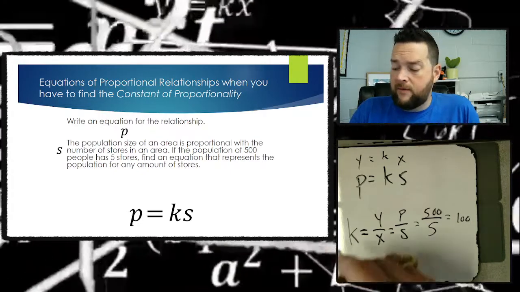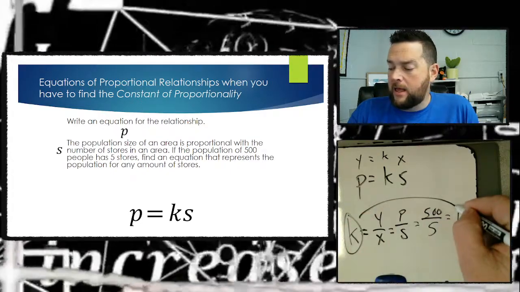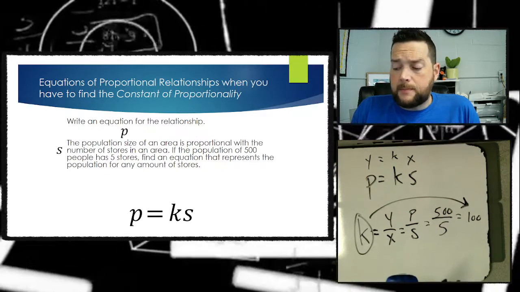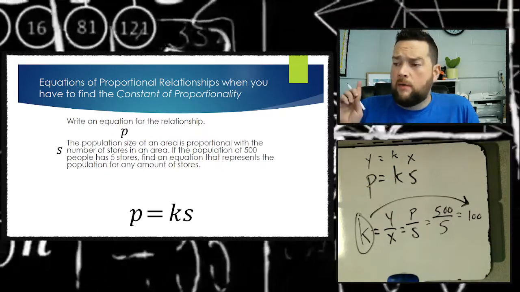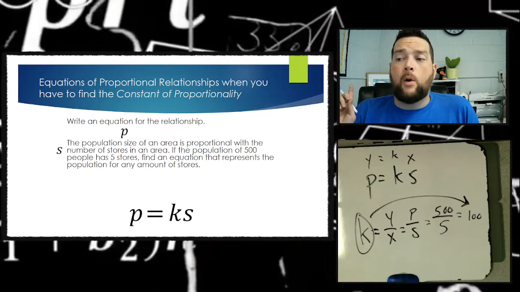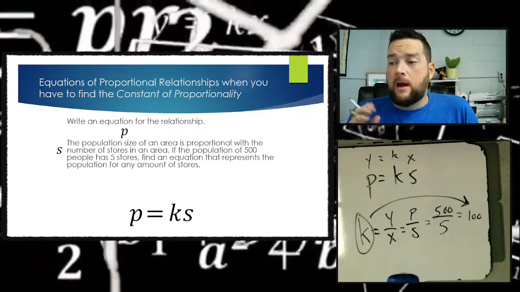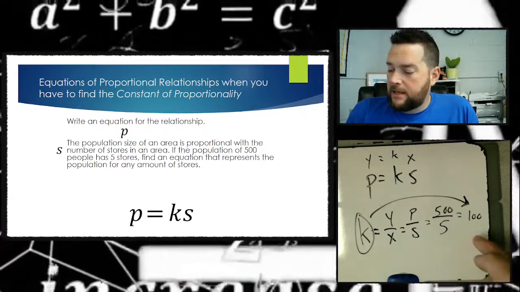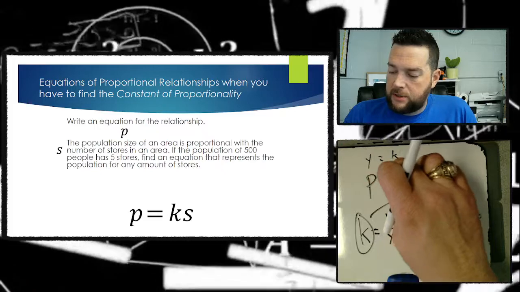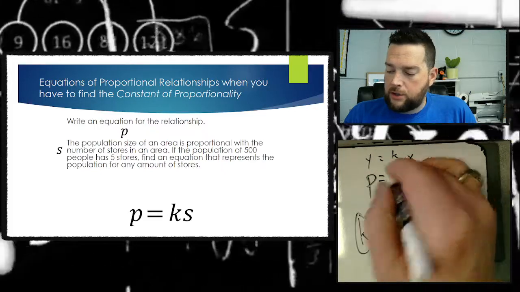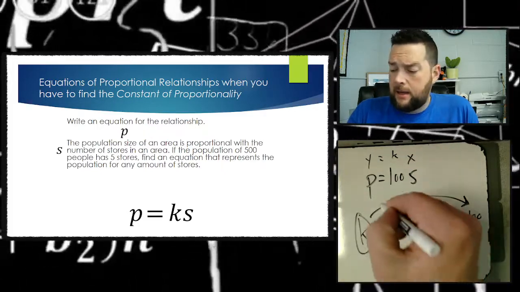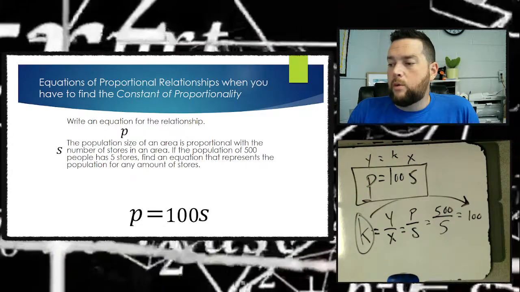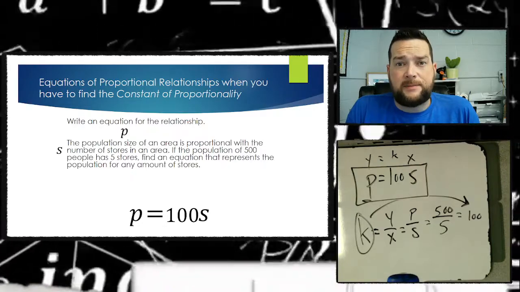So we have a constant of proportionality that is 100. That's one store for every 100 people in the area. But we can take that 100 now and substitute it in our equation for the k, and that is our equation right there: P equals 100S.